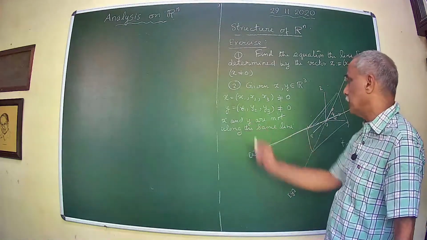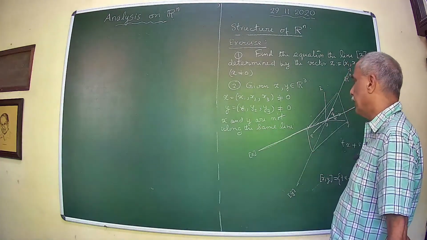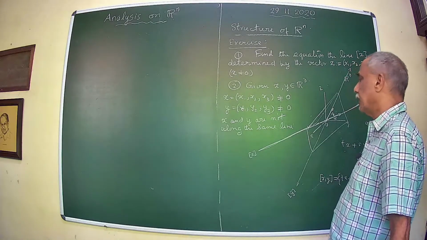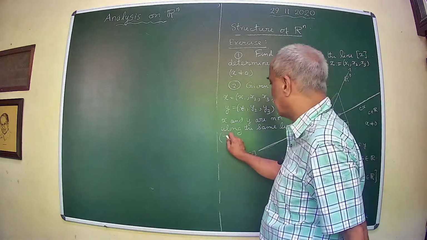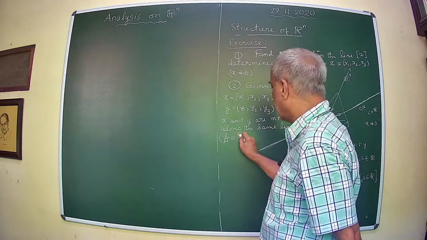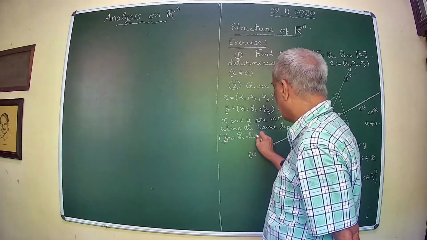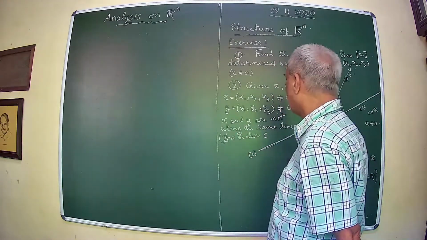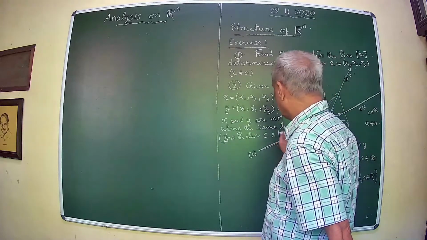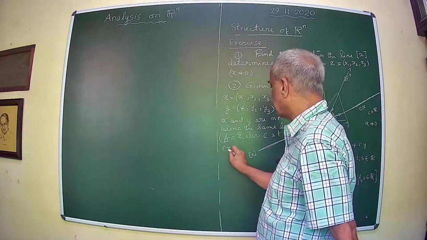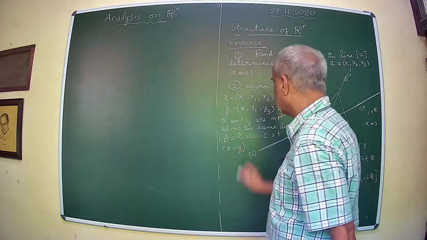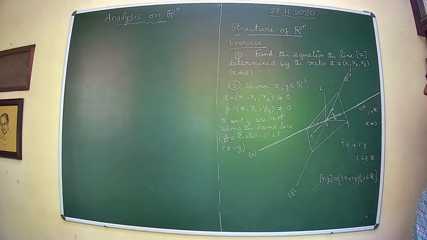I also assume x and y are not along the same line, which means there does not exist a scalar C such that Cx equals y. That's a condition.